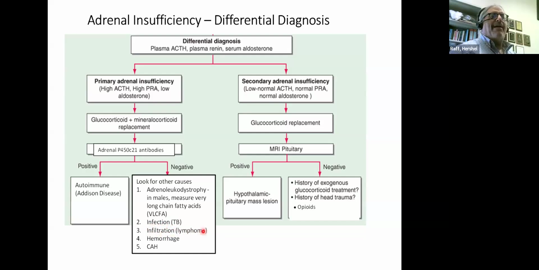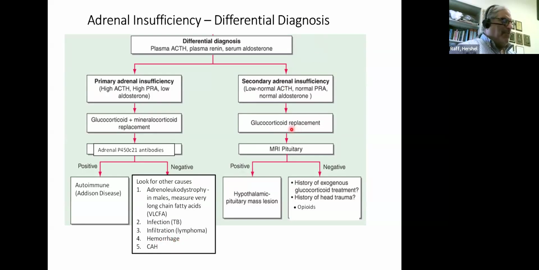And we've had patients with bilateral lymphoma who nobody knew they had it. Adrenal hemorrhage, which is actually much more common than you think because of all the drugs now that affect clotting. And then congenital adrenal hyperplasia, I'm not going to talk about it all today, but of course, the whole reason why they have this syndrome is they can't make cortisol adequately.